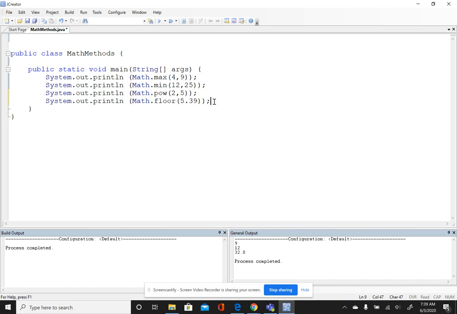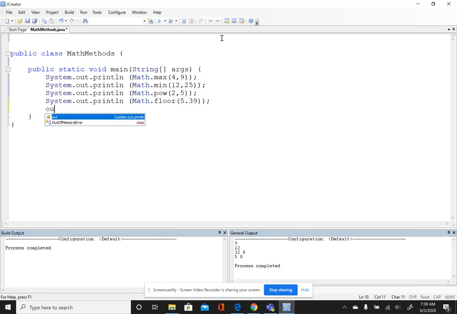The closest integer that is less than this number is called the floor, and the closest integer that is greater than this number is called ceil. So here we're going to return 5, and this method also returns double, so you get 5.0.